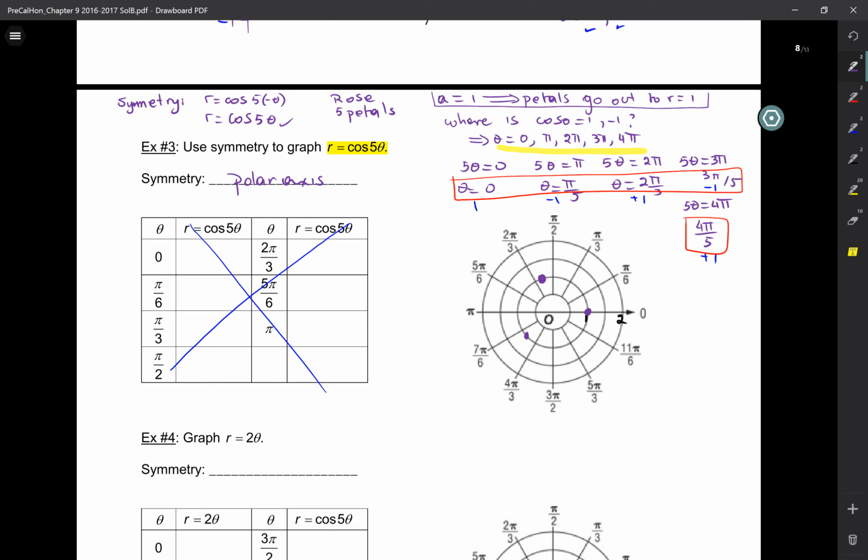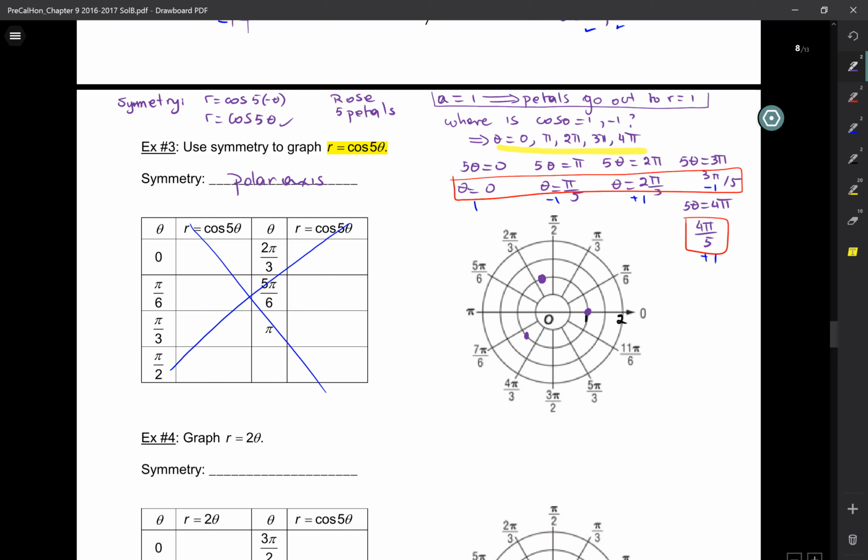Okay. The next one is 3 pi over 5, and it's negative there. So where is 3 pi over 5? It's between 3 pi over 4, which is 3/4 of a pi, and 3 pi over 6, which is pi over 2. Does that make sense? Okay, so where would that go, though? Is it positive or negative?